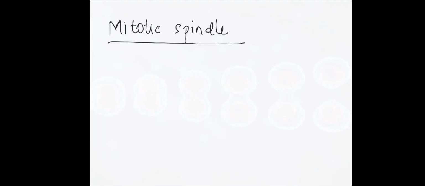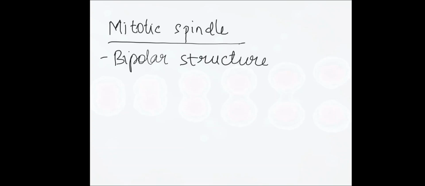The mitotic spindle plays a vital role in the metaphase stage, so it is formed beforehand in the prophase stage. Now what is this mitotic spindle? The mitotic spindle is a bipolar structure, having both plus and minus ends.